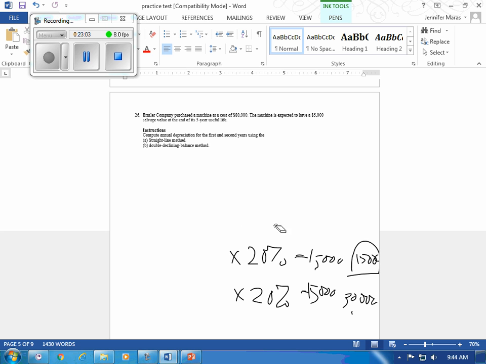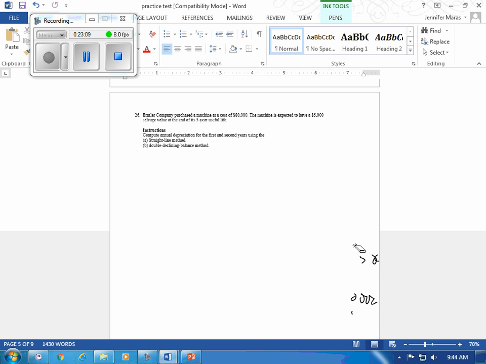So when we do double declining, are we looking at depreciable cost? No. We are looking for what's its book value. Well, on year 1, it's 80 grand. This time we're going to take it times 40%. So what's it sitting at after year 1? 32,000.